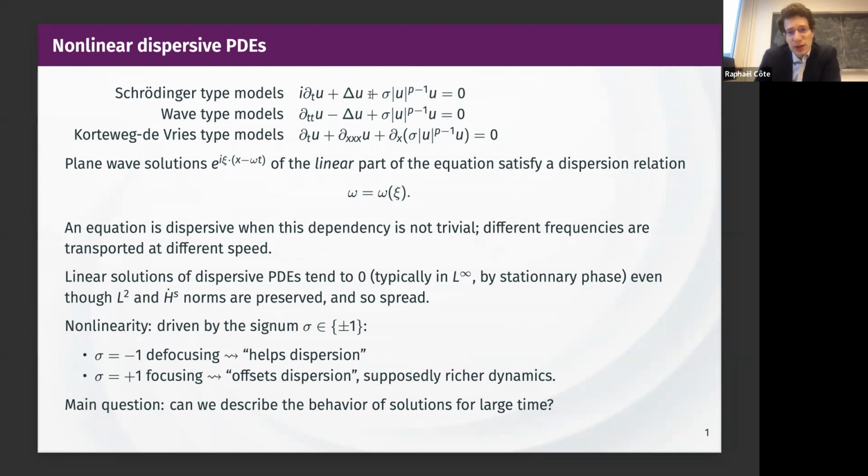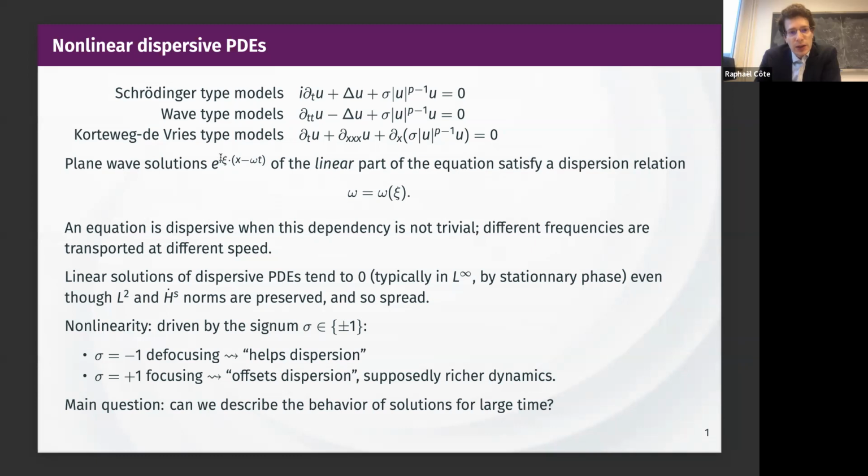These equations all share similar features: you have a linear part and a nonlinear part. If you focus on the linear part and try to find plane waves as formal solutions, they do not belong to L2, but they are of this form.